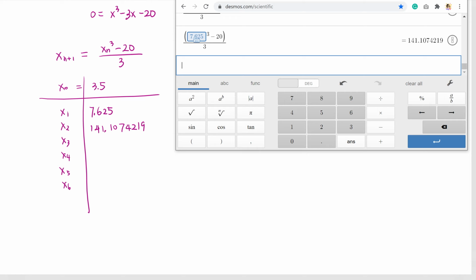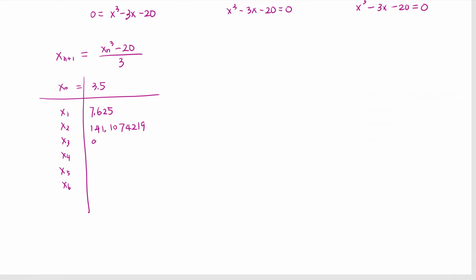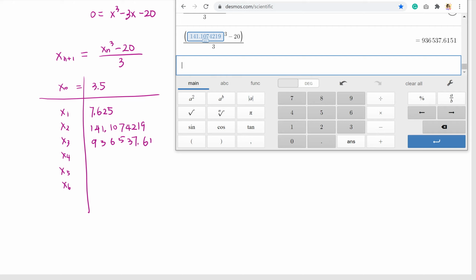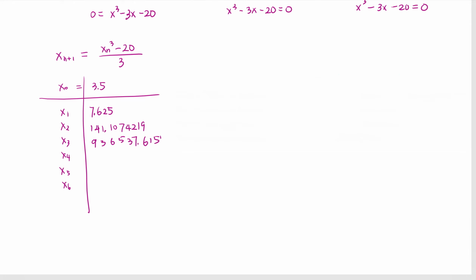It does not converge. It's getting bigger. Then 936,537.6151. You see, it's getting bigger.